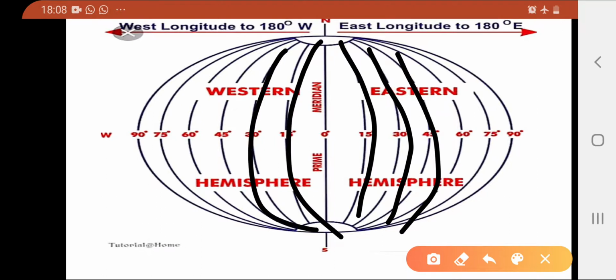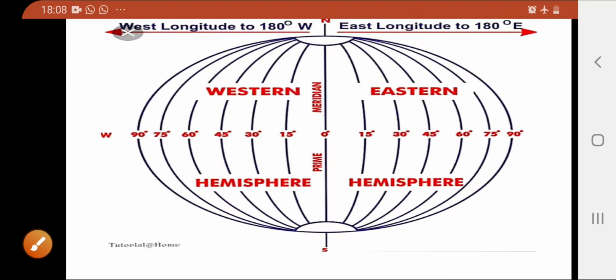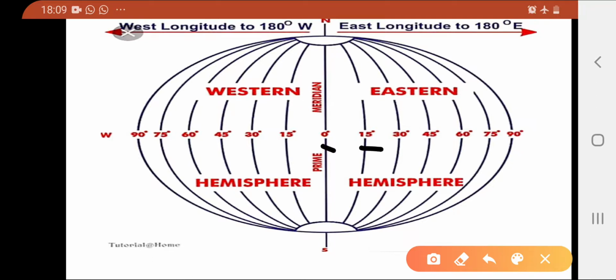They are also measured in degrees. You can see 0 degree, then 15, 30, 45, 60, 75, 90 in the eastern part, then 15, 30, 45, 60, 75, 90 in the western part. So they are measured in degrees.